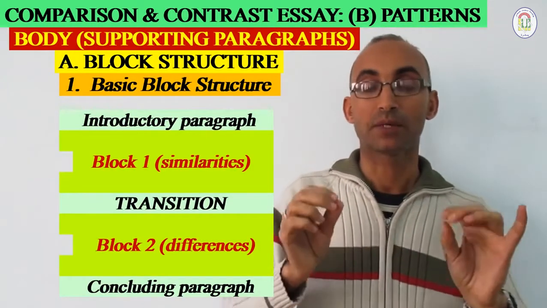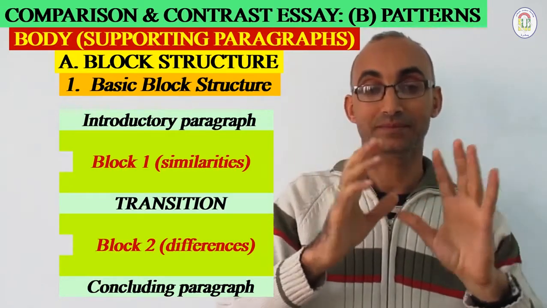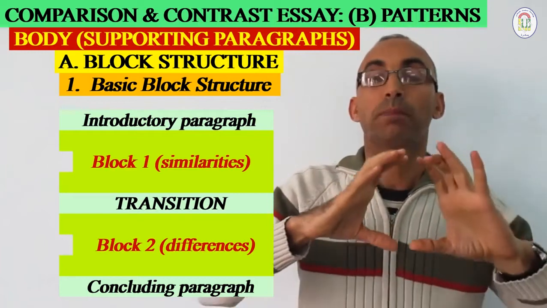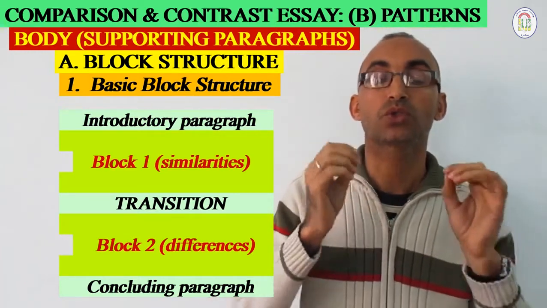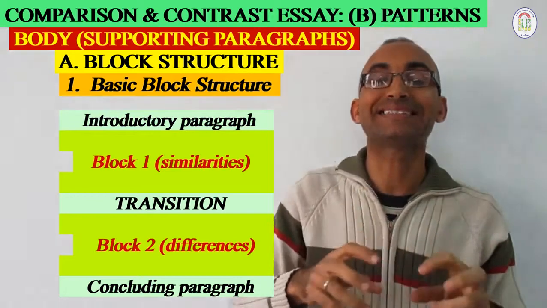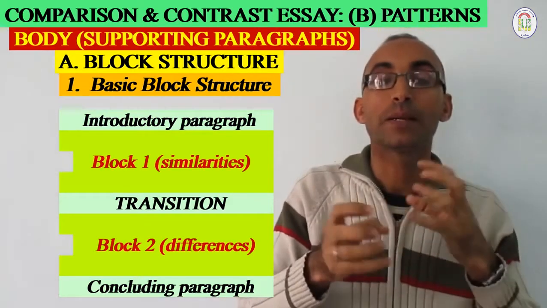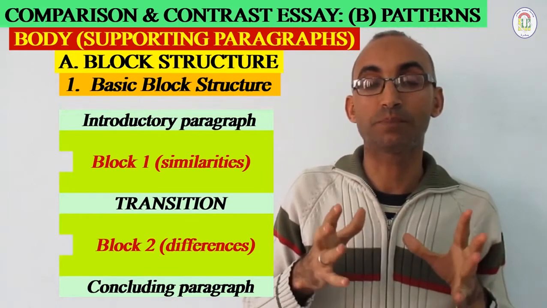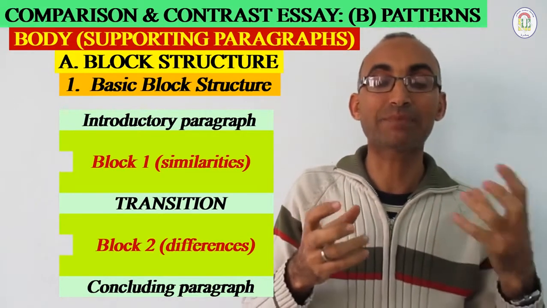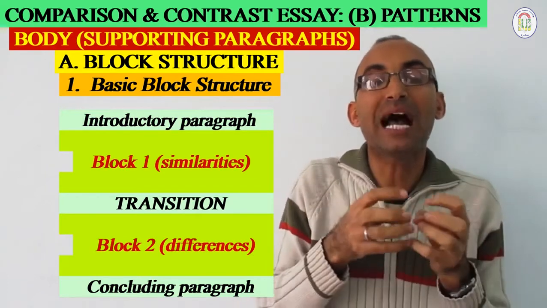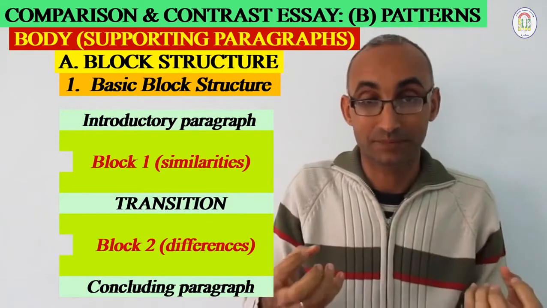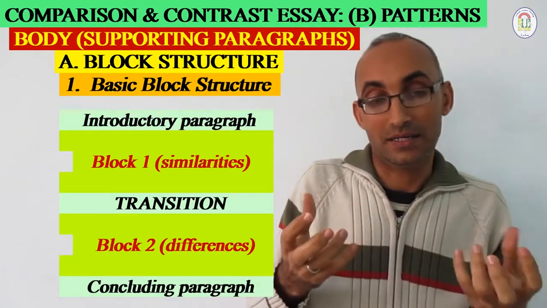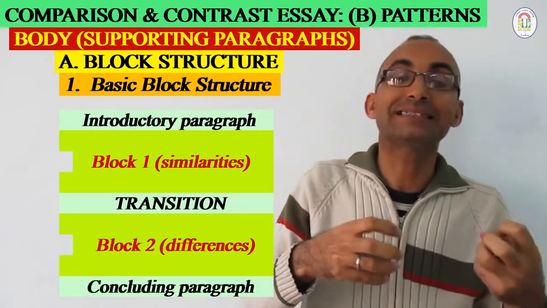I normally write my introduction, then I devote in the body a first block to discuss only similarities between my subjects. For example, I compare city A and city B, Annaba and Batna. I will speak only about similarities that combine both Batna and Annaba.